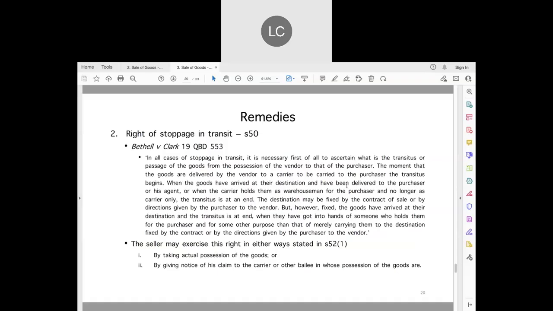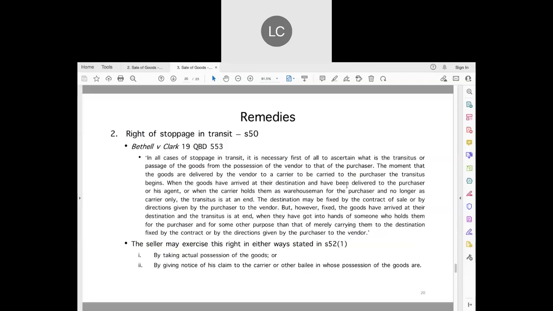And 51.6, where the carrier or other bailee wrongfully refuses to deliver the goods to the buyer or his agent. However, when the goods have arrived at the buyer, but the goods are rejected by the buyer, and the carrier or other bailee continues in possession of them, the transit is not deemed to be at an end, even if the seller has refused to receive them back. This is the position stated in 51.4.